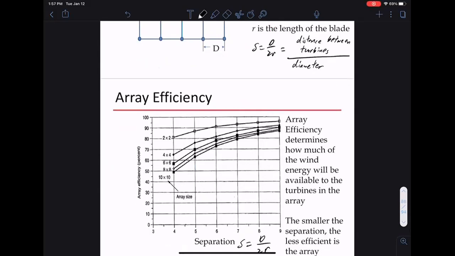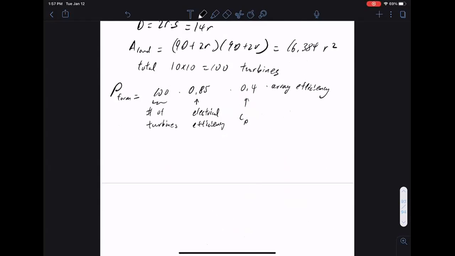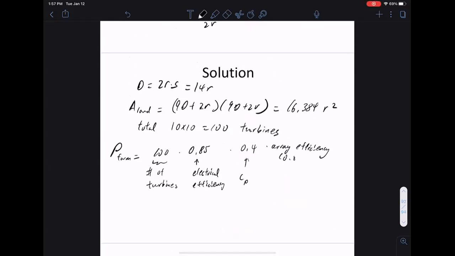So go to our table. Let's say I trace the amount 10 by 10. I get this point. So let's say this is 80% efficient because I have an array. I can go to this table and look it up. So array efficiency is 0.8, multiplied by the power I have, 1 kilowatt per meter squared, multiplied by pi r squared.